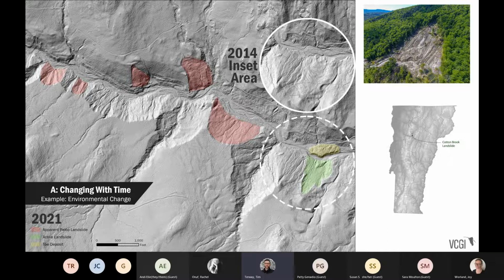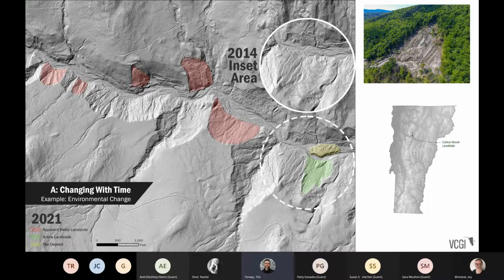And you can see in the green and yellow areas where the actual landslide occurred versus the little bubble above it in 2014. So the environment is always changing, as we well know, and it's yet another reason why the data that we maintain is also trying to keep up with that change and be as current and historically useful as possible.